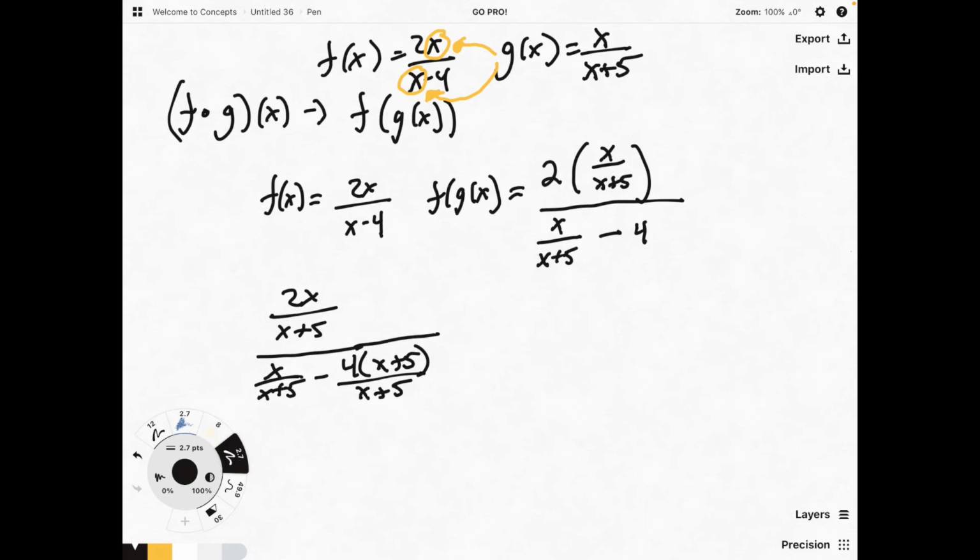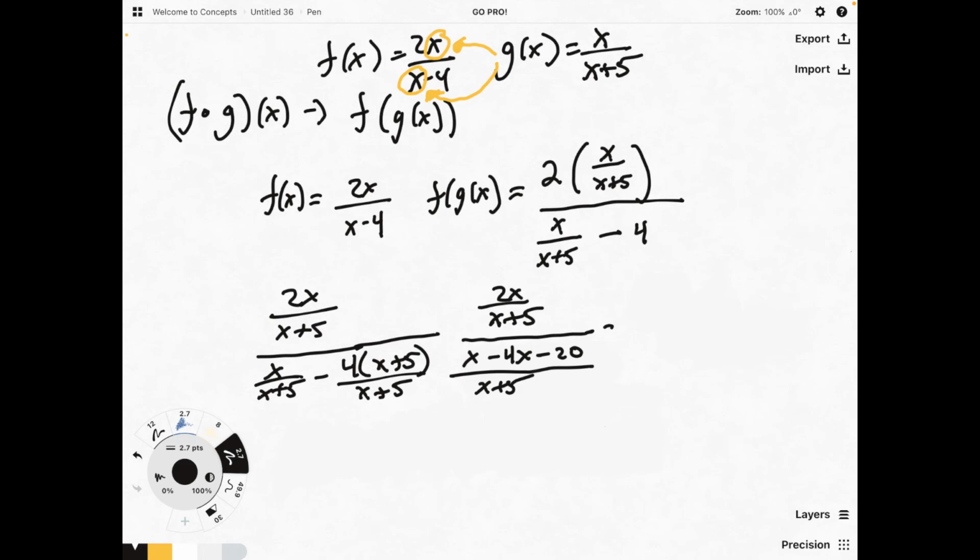Simplifying the denominator, we're going to keep our numerator the same, 2x over x plus 5, and we're just going to work in the denominator right now. We have x minus 4x minus 20, and then divide that by x plus 5.